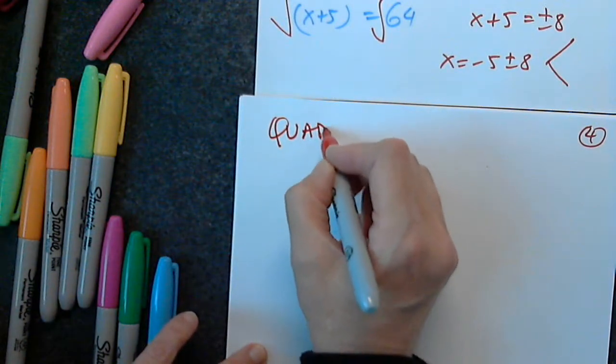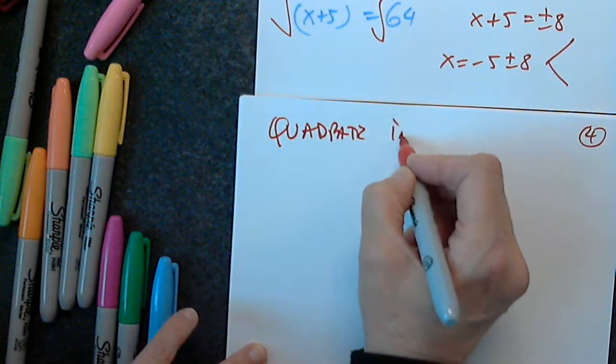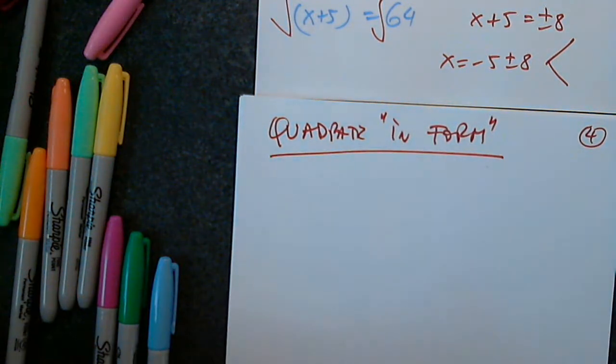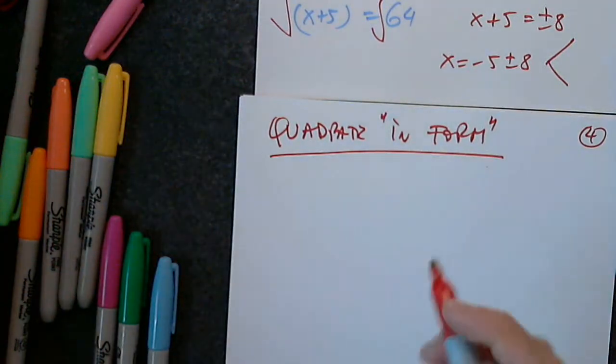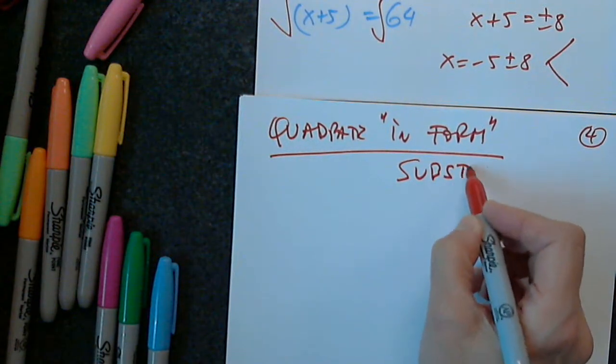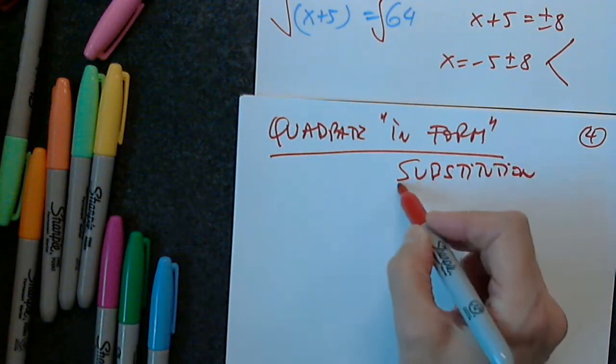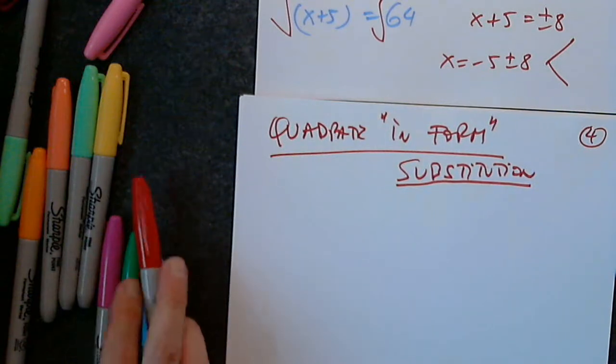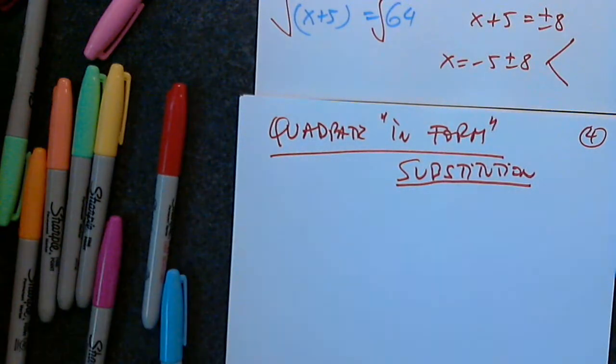So quadratic in form at the core, but they're not quadratic. We're going to use a method called substitution. We will substitute. Okay, so if you want to choose a problem, please feel free. If not, I will.